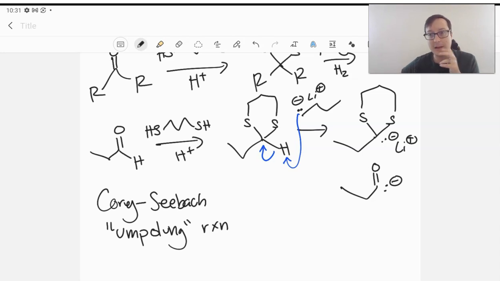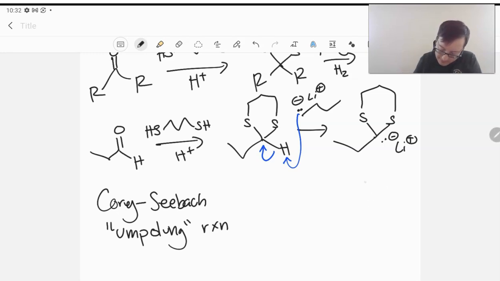And that's where this umpolung idea comes in. I just like saying that. That's the real reason for this reaction, right? Is now we have a nucleophilic aldehyde, which is really strange, isn't it? But that opens up the door to all manner of synthetic utility.